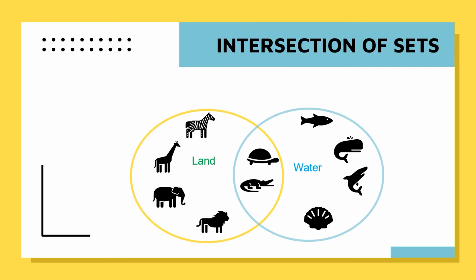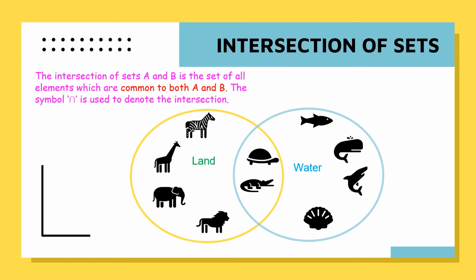So the collection of the common elements, or the elements common to both A and B, is known as intersection, and we will always denote that with this symbol, and we will read that symbol as A intersection B. Now if you take this example, what is common to animals that live on land and animals that live in water? Tortoise and crocodile. That is the intersection of these two sets. Got it? So intersection means the elements which are common to both the sets. Very simple, just as we saw union.